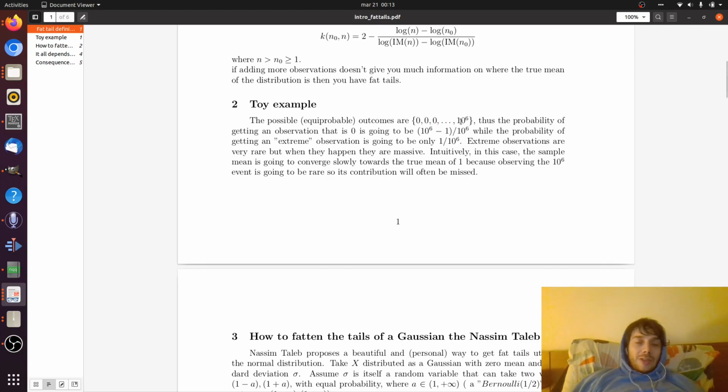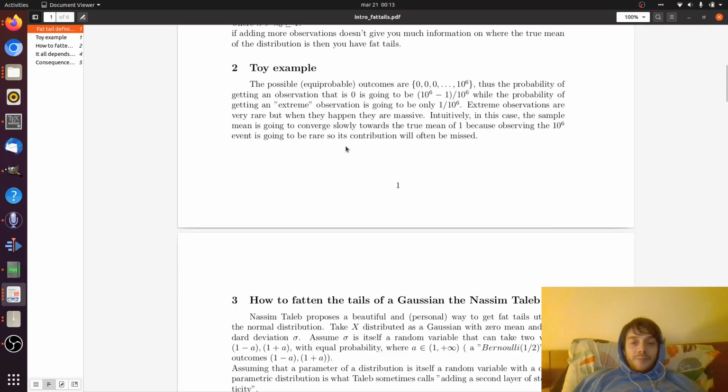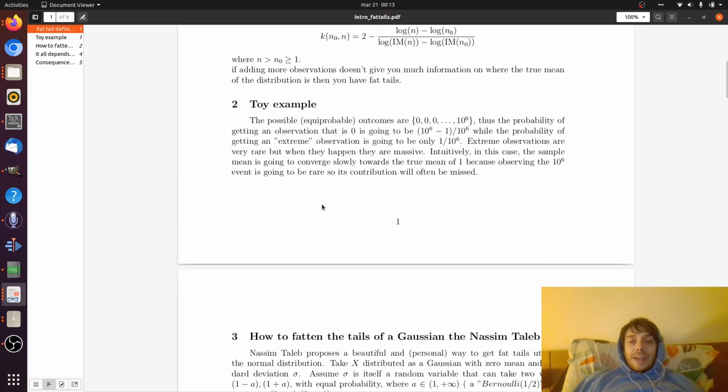So the extreme observation is, of course, going to be 1,000,000. The definition of extreme is going to be the observations that return 1,000,000. And so in this case, extreme observations are going to be rare, which for some might be counterintuitive.